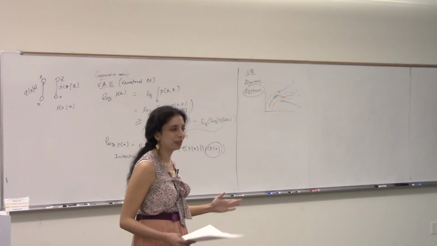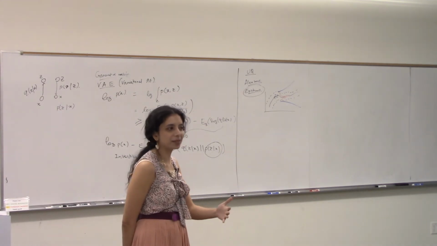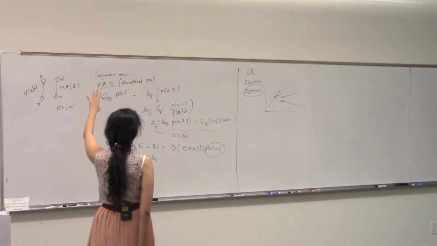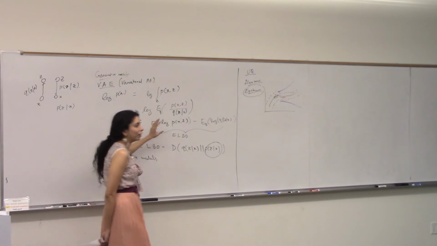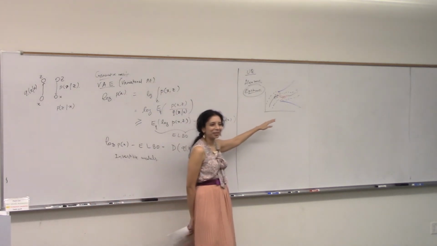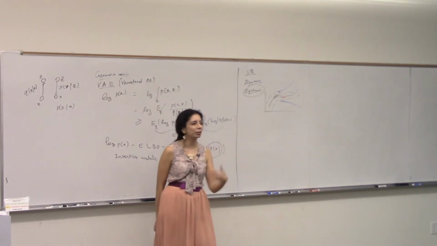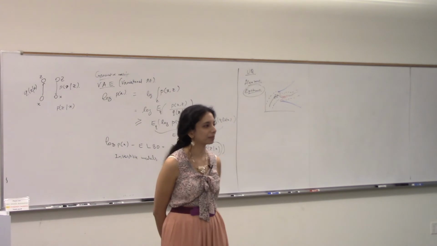It has no measures of uncertainty. So a way around this is Bayesian neural networks, which combine probabilistic modeling and maybe variational approximations with neural networks. And so that was my argument of why you would want to consider beyond standard neural networks.